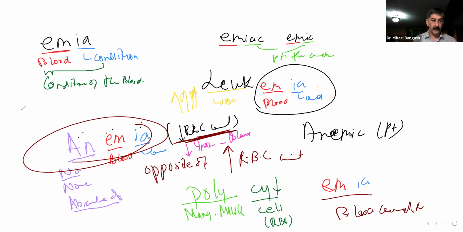Where you mainly have many red blood cells, or the condition where your red blood cell count is too high. Or you can say the opposite of anemia.